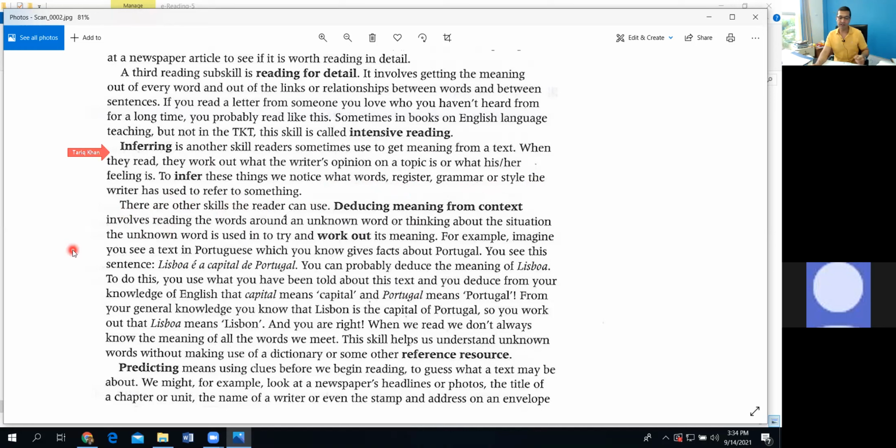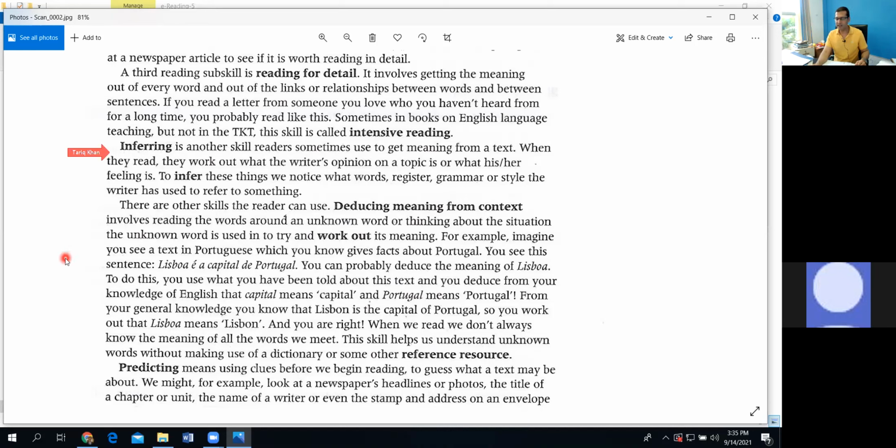Infer meaning. It is usually in literature study when we want to know the writer's opinion, the writer's feeling about an object, about a character. So what kind of adjectives, adverbs he has used and described different actions, moments, or the character's attitude. So what is the writer saying about it? Okay.